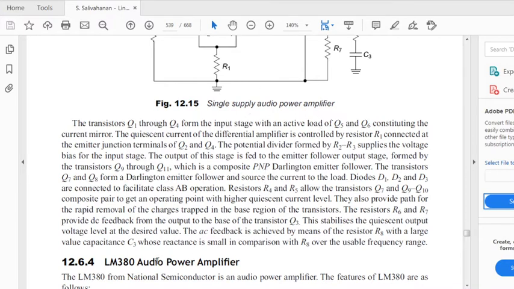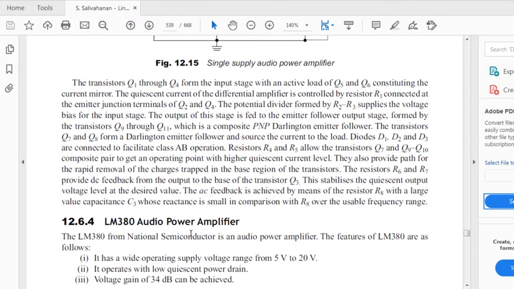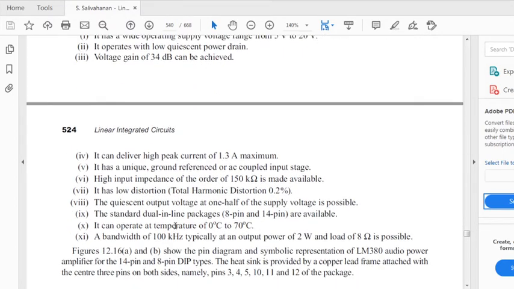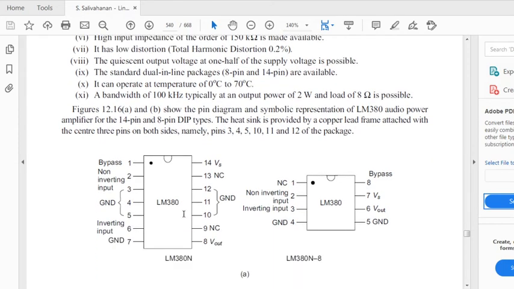So the monolithic audio power amplifier is nothing but your LM380. The features of LM380 are listed out here. Okay, you just go through, and it is a 14-pin DIP package. So you are having the first terminal, which is notated as bypass, and the non-inverting input, 3, 4, 5 ground, and the 6th is the pin through which you will be providing the inverting input. 7th again is your ground, 12, 11, 10 are ground, and 9 and 13 are not connected.